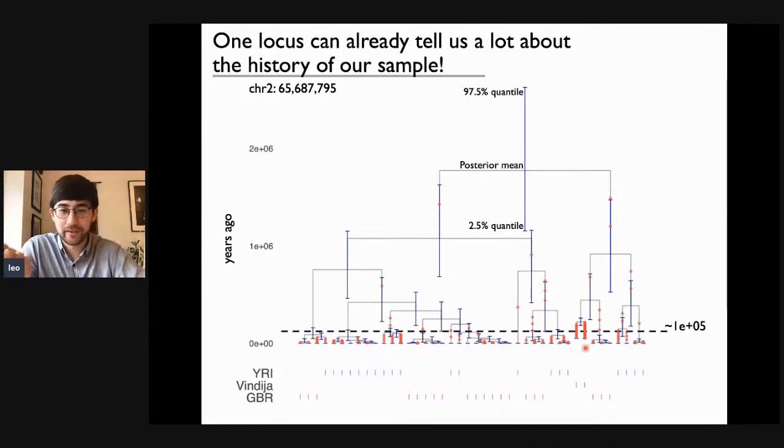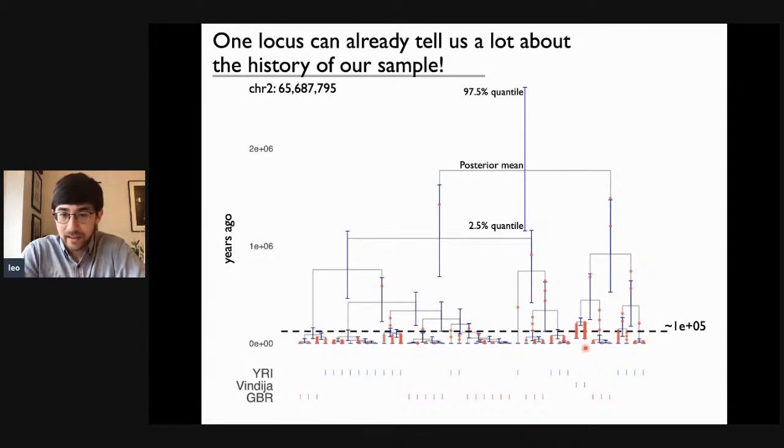The point I really want to make here is that already looking at just one tree is quite powerful and tells us quite a lot about the history of our sample. And genome-wide, we have millions of these trees. So aggregated over all these trees, we really have a powerful way of looking at our history here.